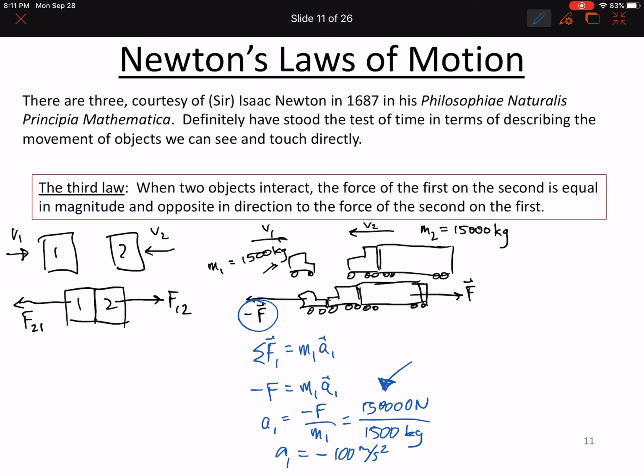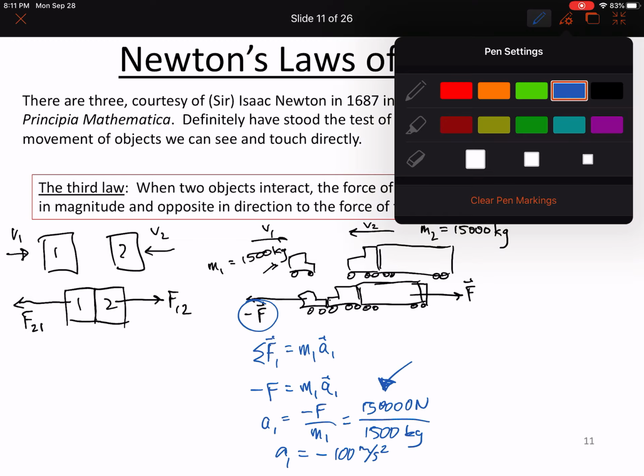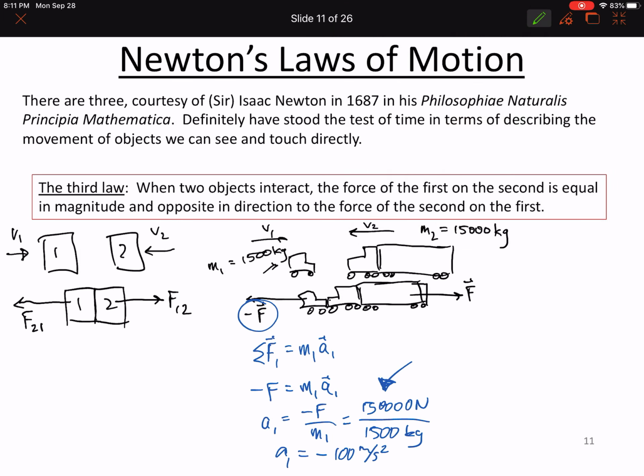So if we have, on the other side, so we may as well change colors. For the truck, we have the sum of all the forces on the second object, so the truck, is equal to M2A2.